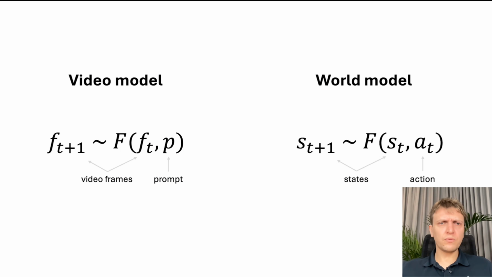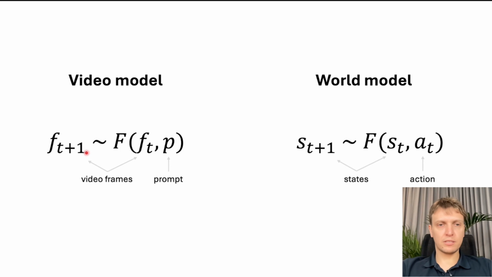I think the definitions of video models and world models are a little bit blurry, but let's try to give at least some high-level definitions to understand what we're talking about. So a video model is a model that takes some past or current frame and a prompt as an input and generates future video frames. I show T+1 here, but in practice, of course, you want to generate many more frames and you want to generate the whole video.